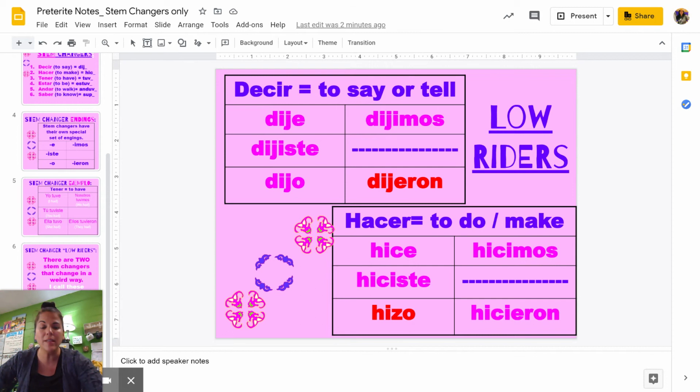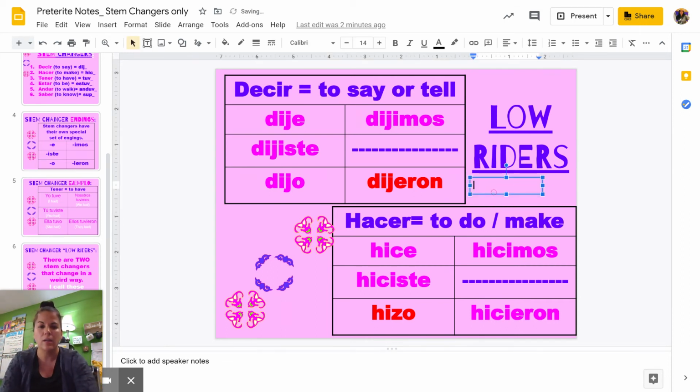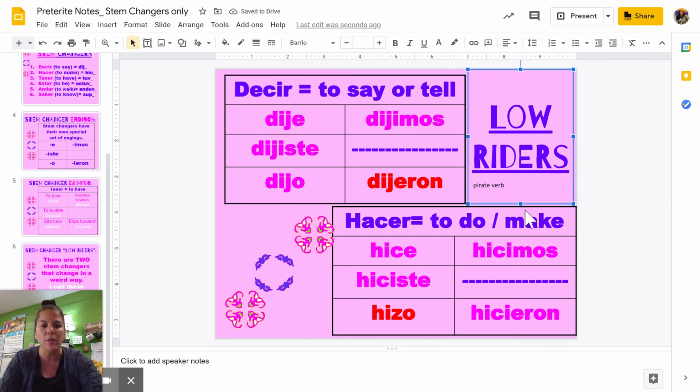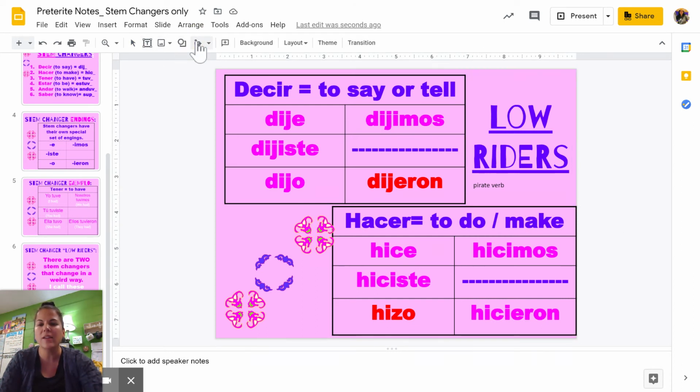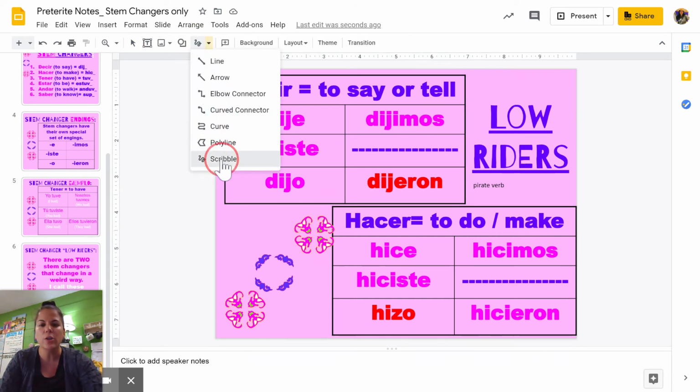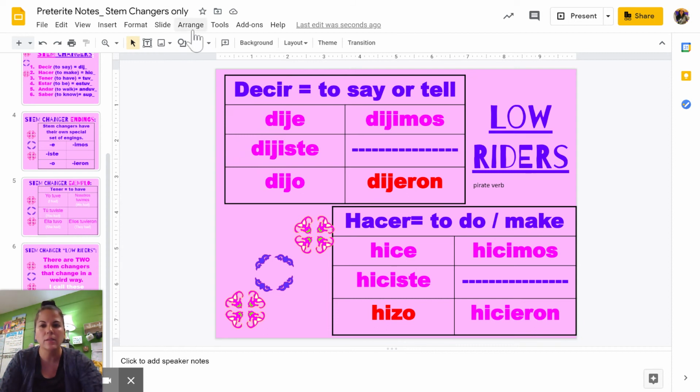So I have nicknamed this verb the pirate verb. So actually, let's do this. I want you to write it on your paper, the pirate verb, because it loses an I like a pirate. And then draw a little pirate on there.